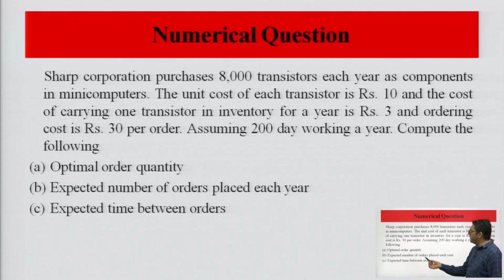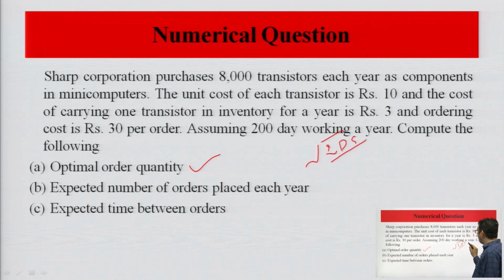In a similar question, we have to identify the optimum number of orders. Again the same formula will be used: square root of 2DS upon H. Next is the expected number of orders, calculated from the annual demand D and the EOQ.